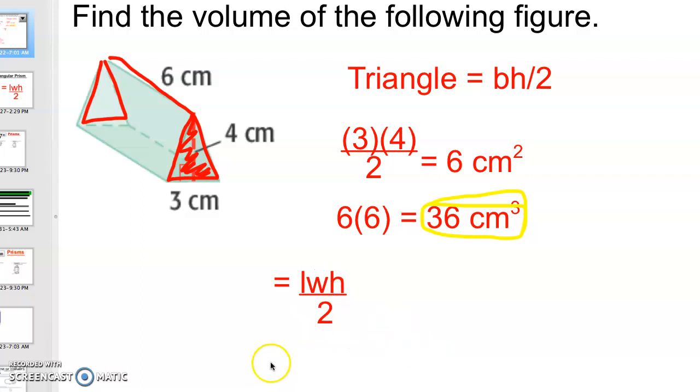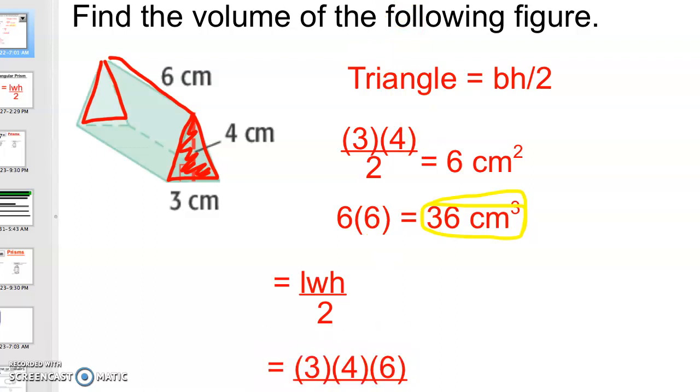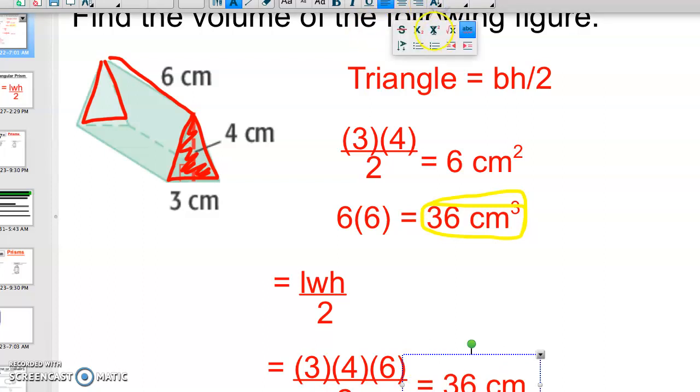So if we want to simplify this a little bit, or be most efficient, we could just take the base length times 4 times 6, and then divide that by 2. And if I just plug this whole string of numbers into my calculator, 3 times 4 times 6 divided by 2, we get 36, and that's centimeters cubed.